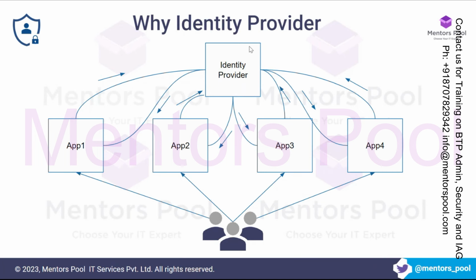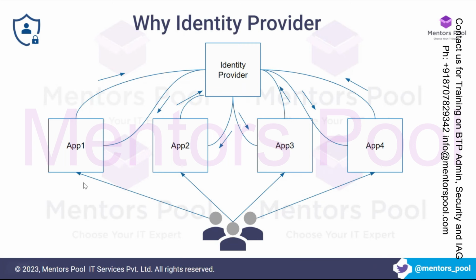The concept came into the picture where we can store all identity data in one system, and we can integrate this system with all 4, 5, 10, or 15 applications which our business users or end users want to log in to.